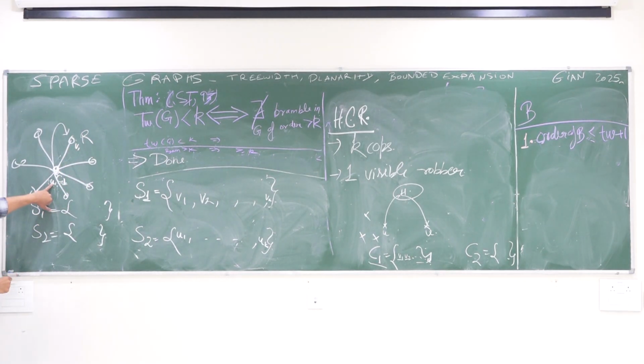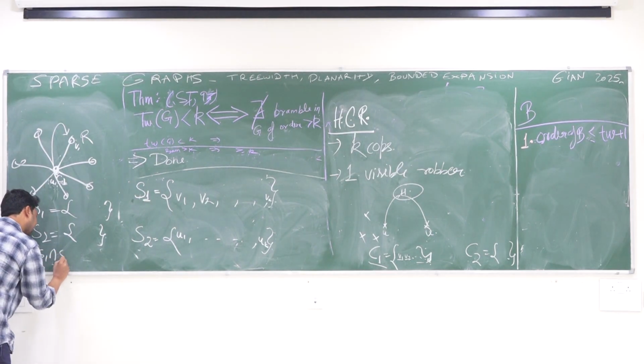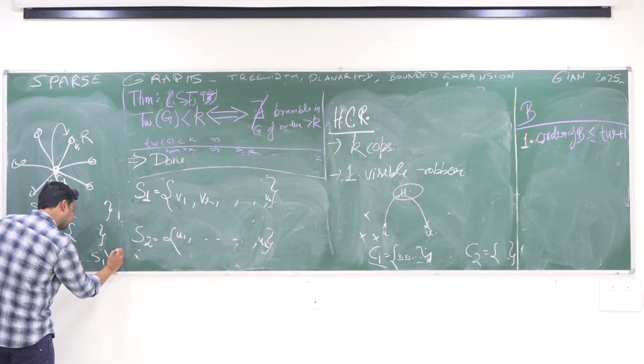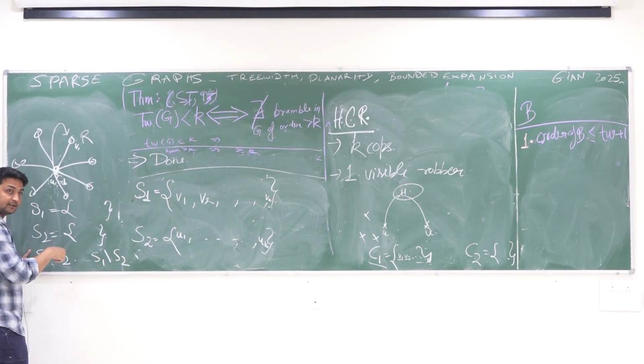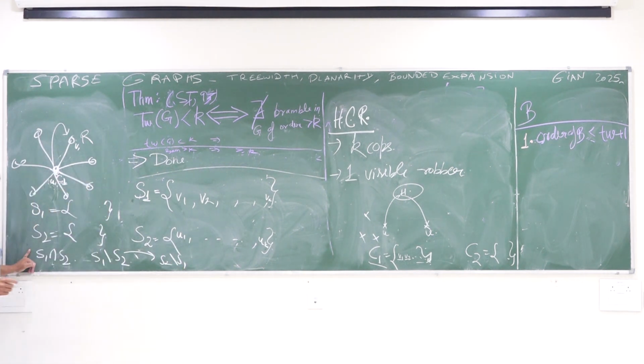So one cop which was at U will stay at U. So the cops at S1 intersection S2 will stay at their positions. The cops at S1 minus S2 will get into helicopters to move to S2 minus S1. Is this clear now?